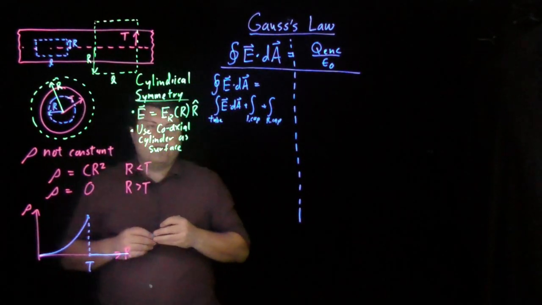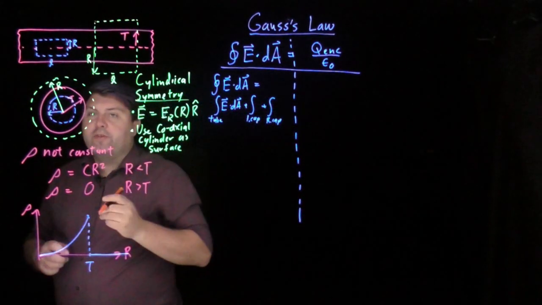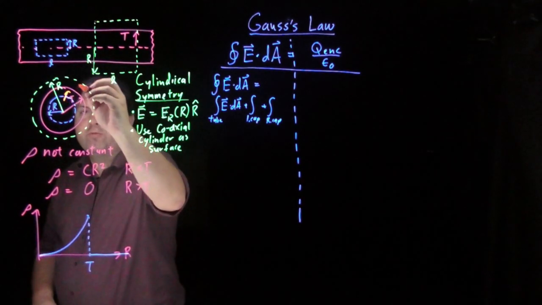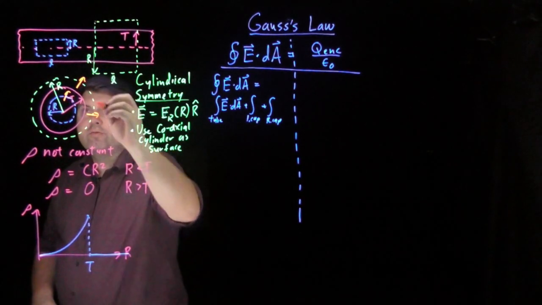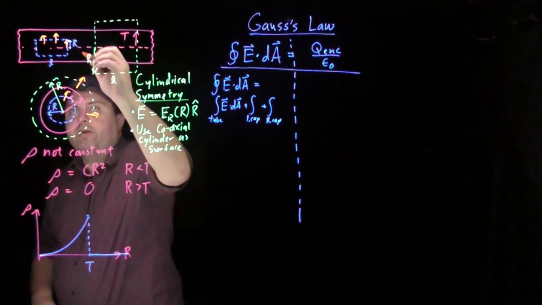So why am I not doing too much with the left cap and the right cap? Well, that's because we know that our electric field has to be in the radial direction, which means it's pointing out in this way here, and in this way here, and also in this way here.